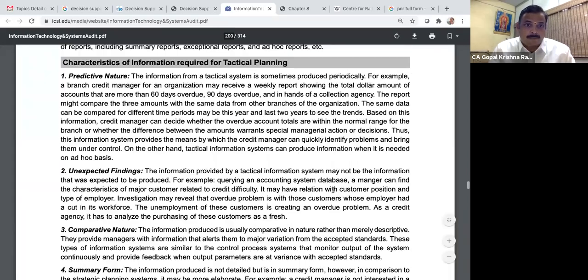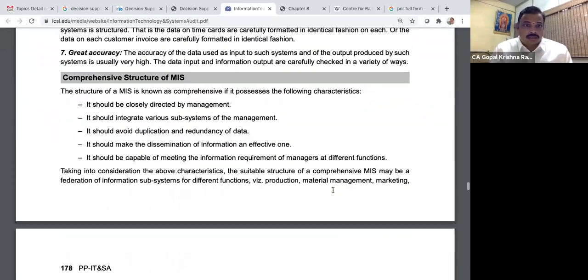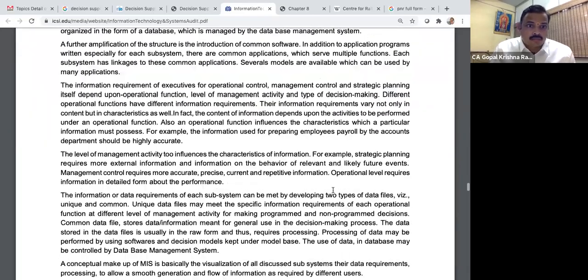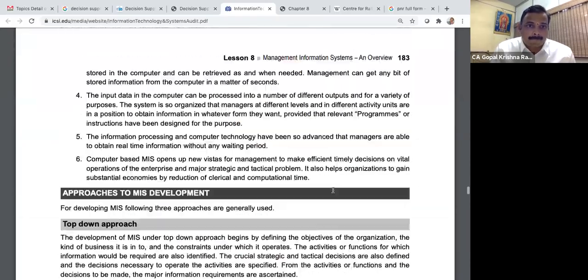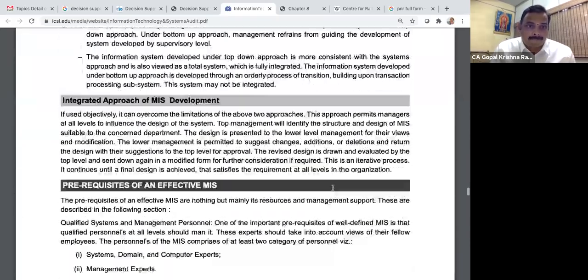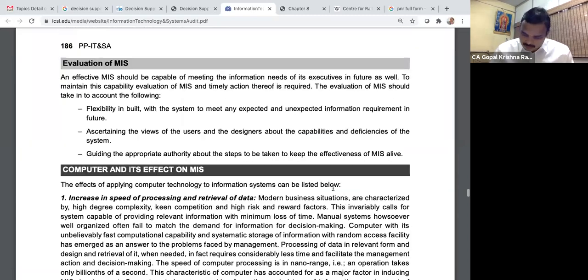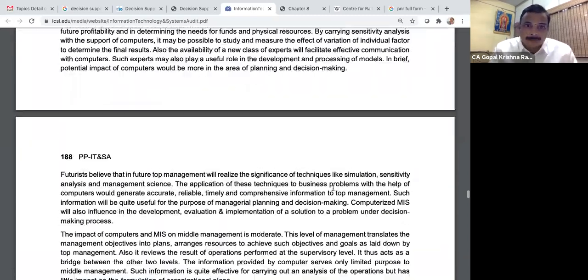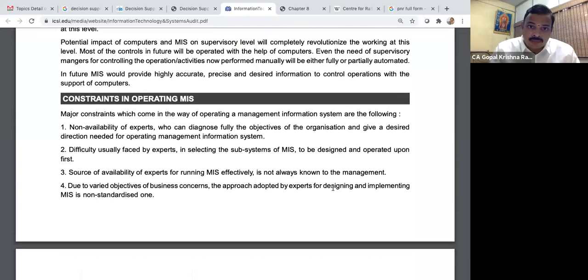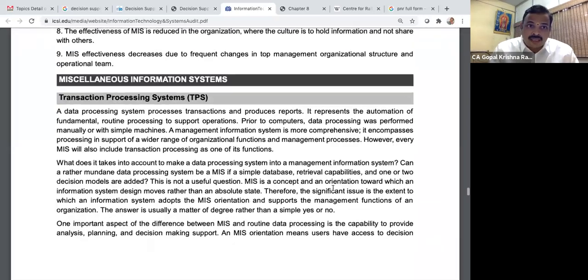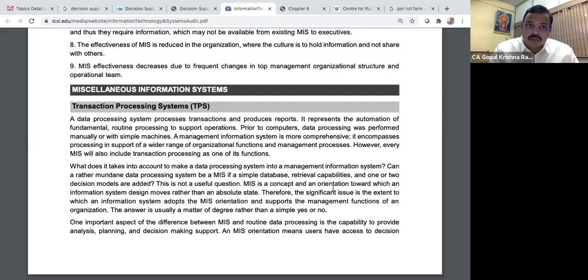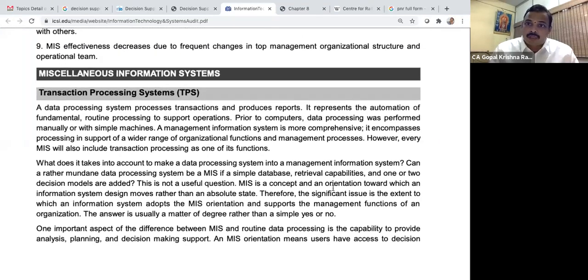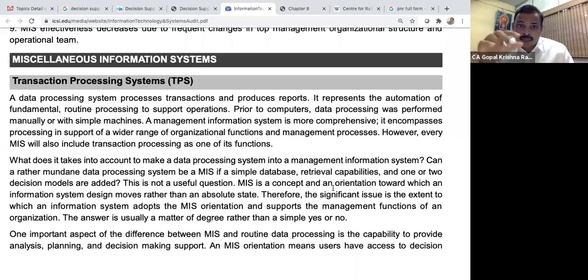We are now going to see what is TPS. Okay, please look here, guys. What is transaction processing system? Page number 189. So this is your TPS. Transaction processing system processes transactions and produces reports. What is the report?